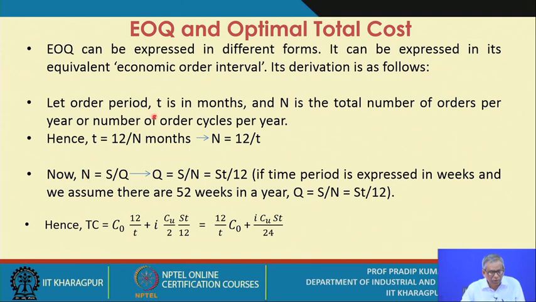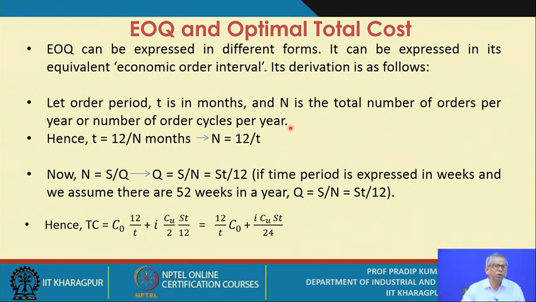Let the order period T be in months. If you refer to that inventory profile, we have mentioned the order cycles, so each order cycle is nothing but the order period. Suppose this order period is small t, and capital N is the total number of orders per year, or the number of order cycles per year.